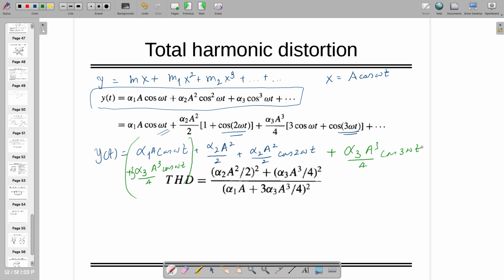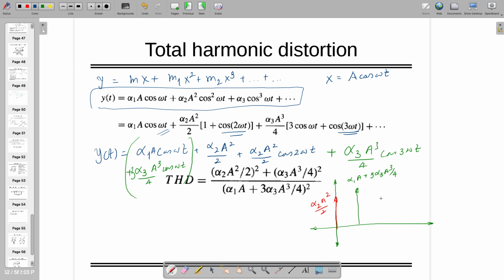Right? So the first harmonic, or the fundamental, is going to tell you the amplitude. So the multiplying factor is alpha 1 a plus 3 alpha 3 a cube by 4, then alpha 2 a square by 2, which is at zeroth frequency.